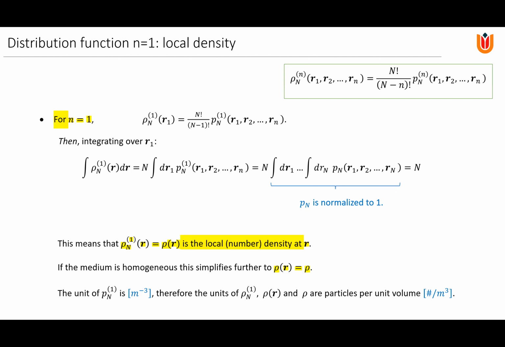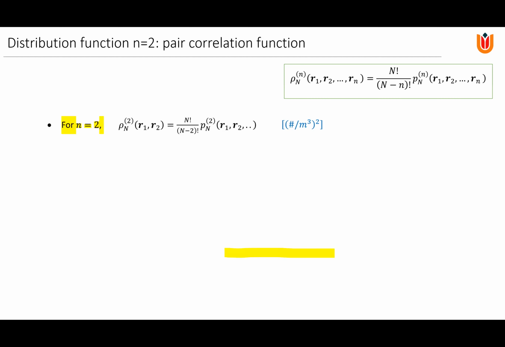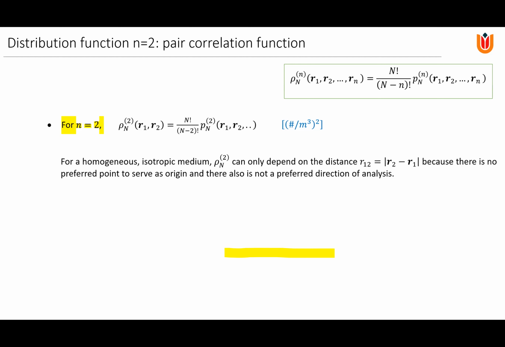Okay, but for n equals 2, we can do the same exercise. Here we have units of per volume squared. And as we argued before, for a homogeneous isotropic medium, this can only depend on the distance between particles, since there is no preferred point to serve as the origin.